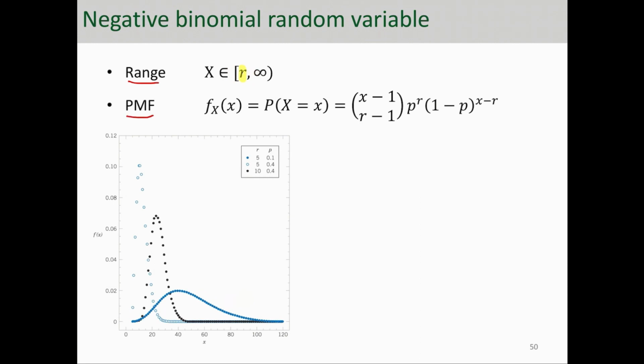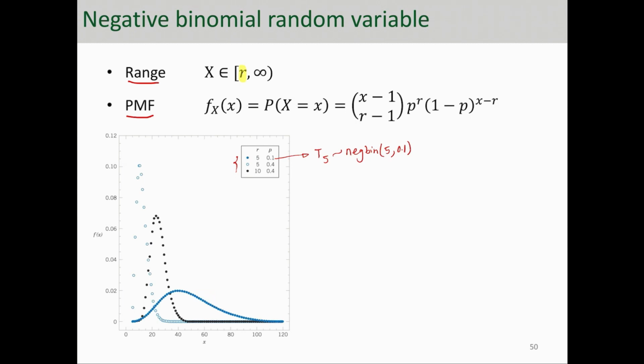The PMF of negative binomial is here, and we'll apply that in an example in a second. And this is how it behaves, negative binomial distribution. You have it for 3 different random variables with different r and p. Well, let's take the first one where r is 5 and p is 0.1. Basically, the first one is T5, negative binomial with parameters 5 and 0.1.